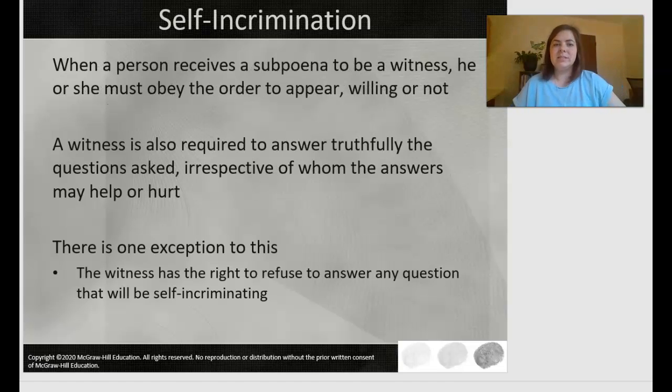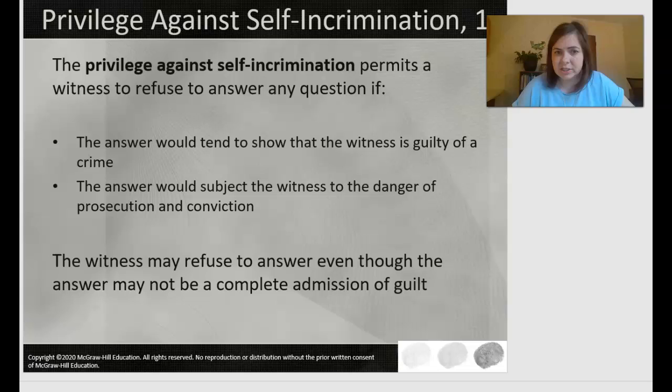Now, when someone is called to be a witness, when they get that subpoena, they need to obey the order, but they have to answer everything truthfully unless it will incriminate themselves. Witnesses have a privilege against self-incrimination if the answer would tend to show they are guilty of a crime or would subject the witness to the possibility of a prosecution and conviction.